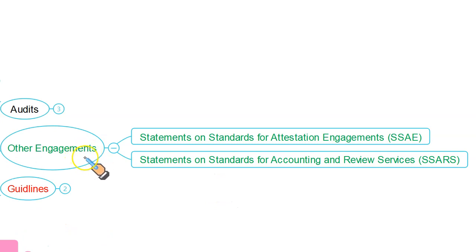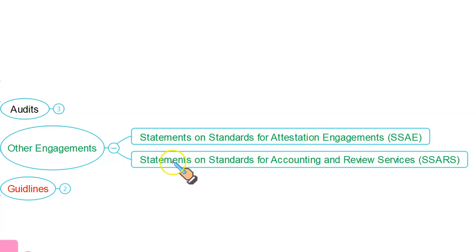Then for other engagements, we have the Statement on Standards for Attestation Engagements, SSAE. They are issued by the AICPA, and they provide you guidance regarding attestation engagements: examination, review, or agreed upon procedures. Remember, these standards do not have as much legal force as the ones issued by the PCAOB. Of course, they are standards issued by the AICPA, so they have less legal force.